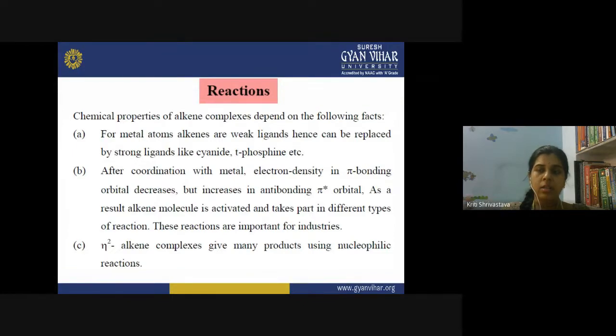Now the alkene molecule will show nucleophilic reactions in place of electrophilic addition reactions, and that is due to the change in the property of carbon. Now the carbon has a partial positive charge, and therefore it will attract a nucleophile. So these are the different characters of such complexes, and according to these characters, you can study the different types of reactions of the metal alkene complex.